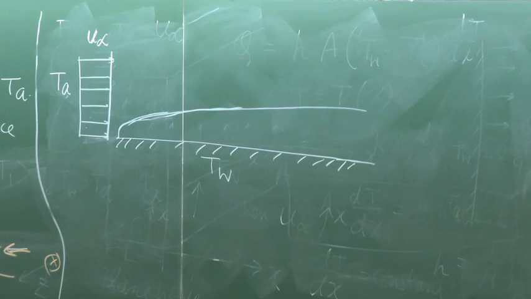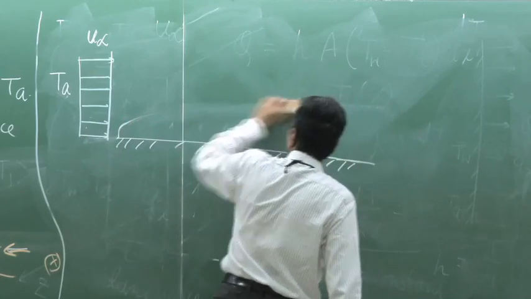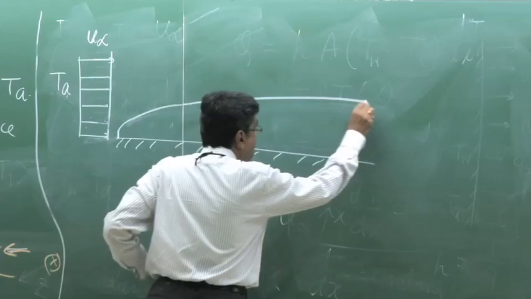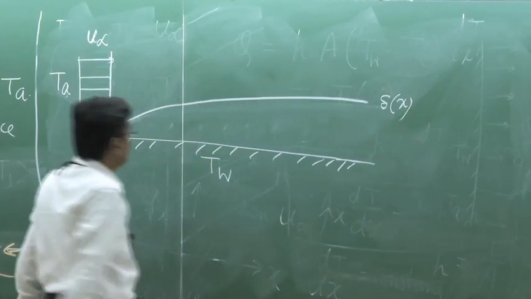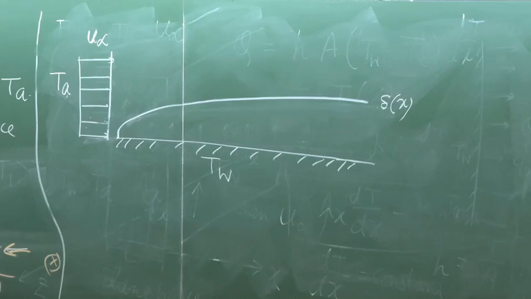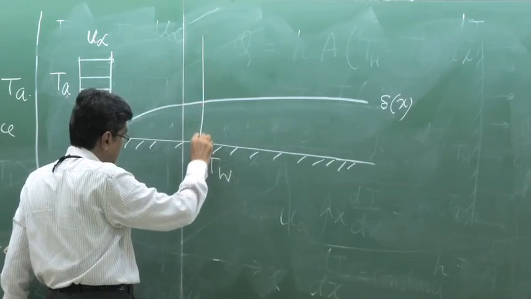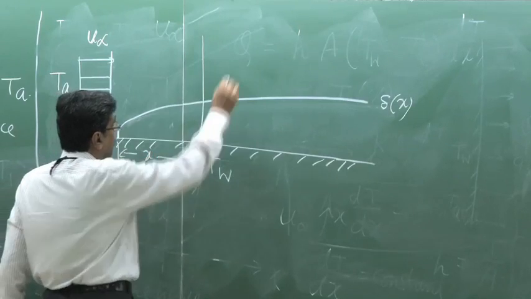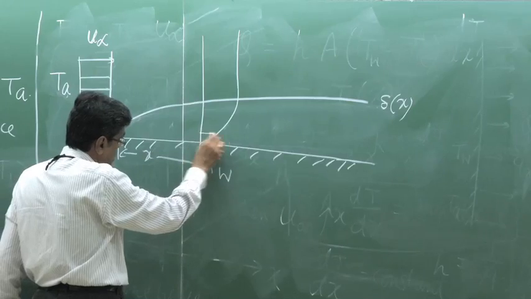This hydrodynamic boundary layer developed is a function of x. What is this hydrodynamic boundary layer? That means at any section x, if you see the velocity profile, it will look like this.